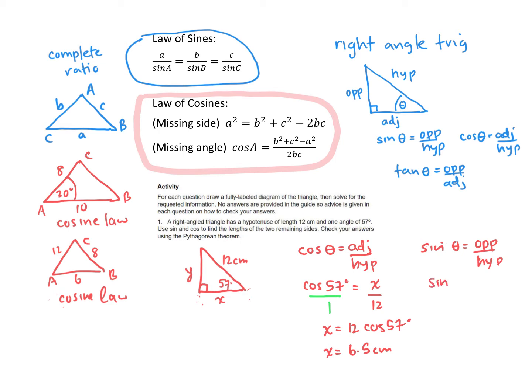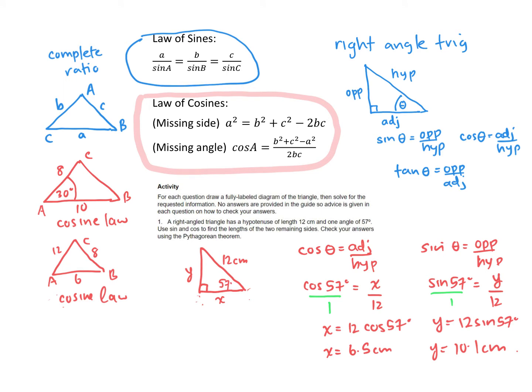So again, the angle is 57, the opposite side is Y, and the hypotenuse is 12. To find Y, again, we will cross multiply. So I'll just put this over 1, and cross multiply, so Y would have a value of 12 times sine 57. We'll type that into the calculator, and we get a value of 10.1.